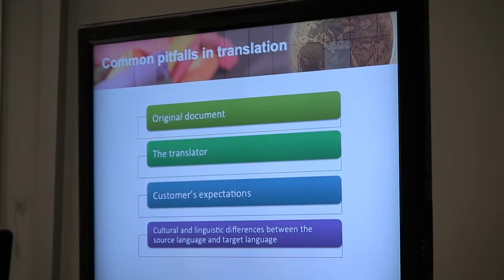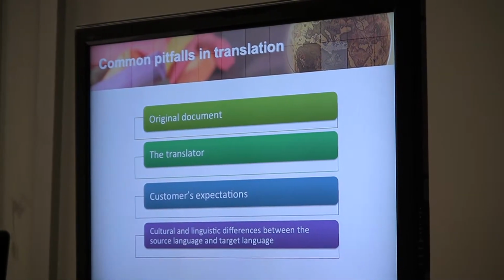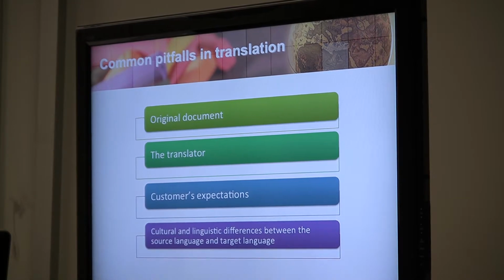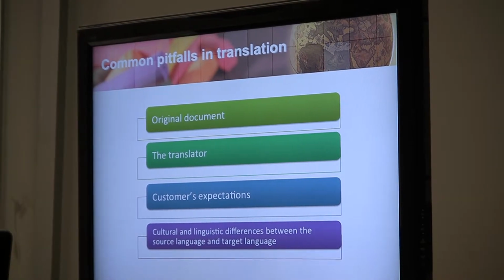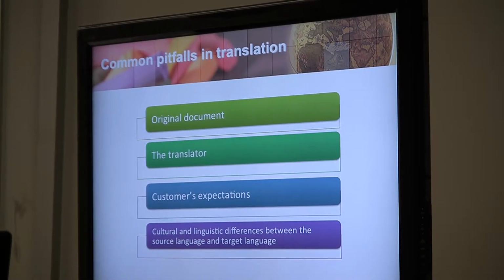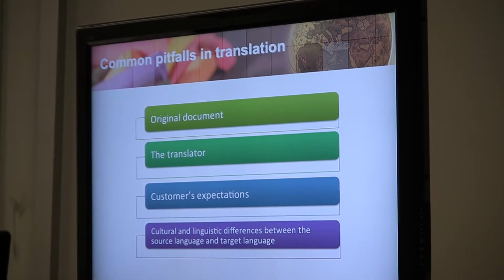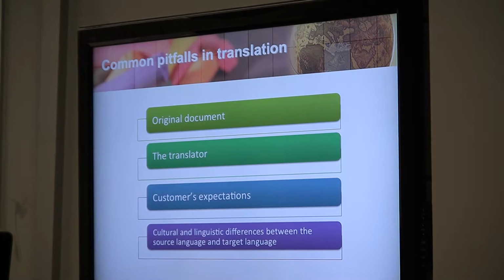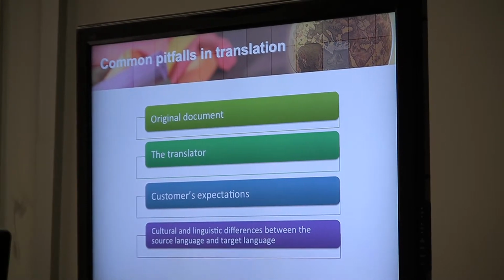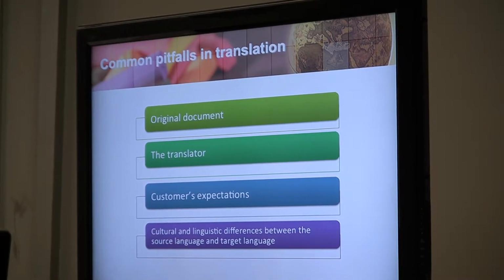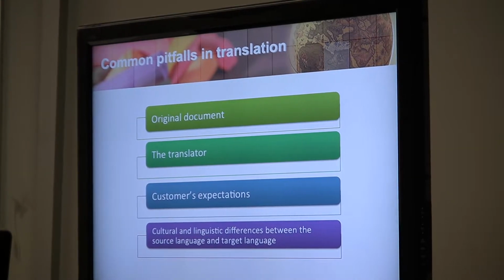So they just write it freely, and they don't care about how it will be translated. So the original document may have different qualities that make it difficult for the translators.